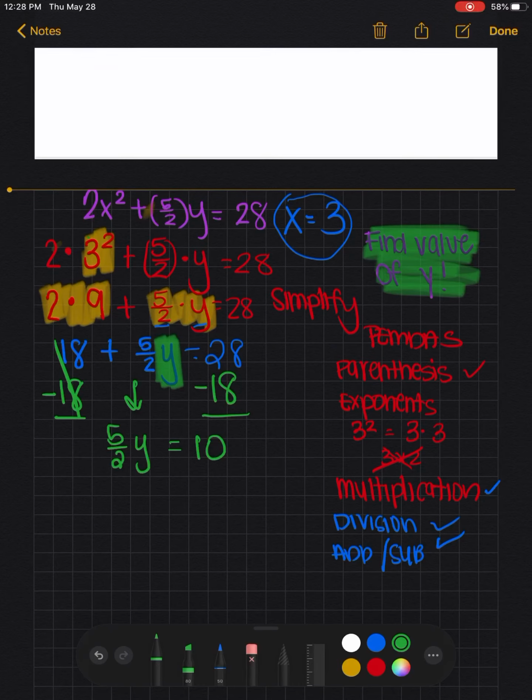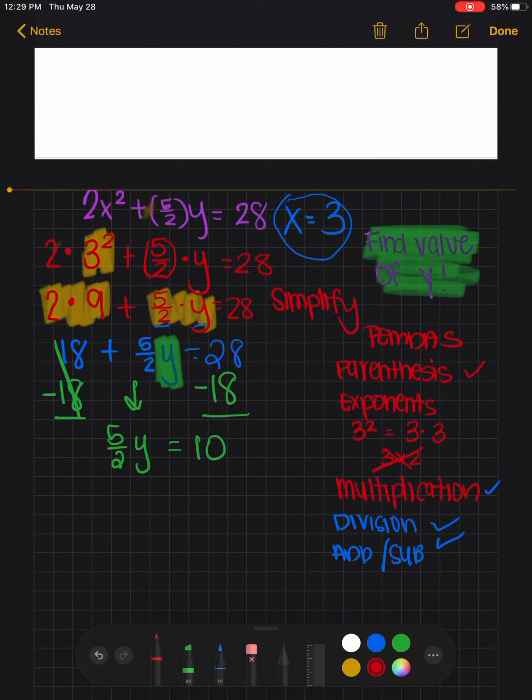Now it's solving a one-step equation. We have 5 over 2 times y is equal to 10. Anytime that I have a fraction attached to a variable, I'm going to multiply it by its reciprocal. This is the only time that you use this rule.